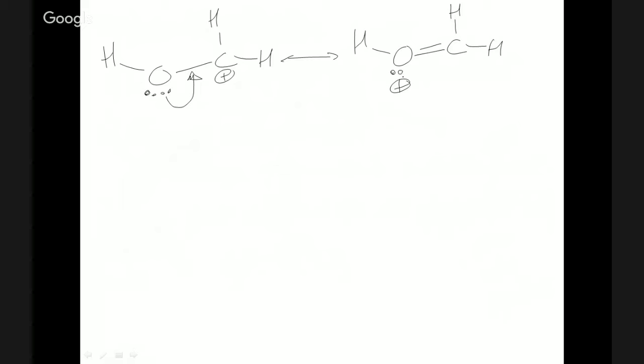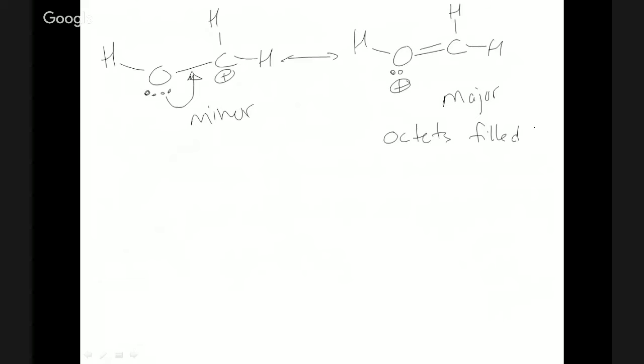We'll talk about this in class a little bit, but I want to make a point here. This is actually the major. It's counterintuitive based on what we just said about electronegativity, but it's going to make some sense as we talk about it more. The major contributor has the plus charge on the more electronegative atom. This is an issue in terms of understanding. The reason being is we would argue octets are filled.